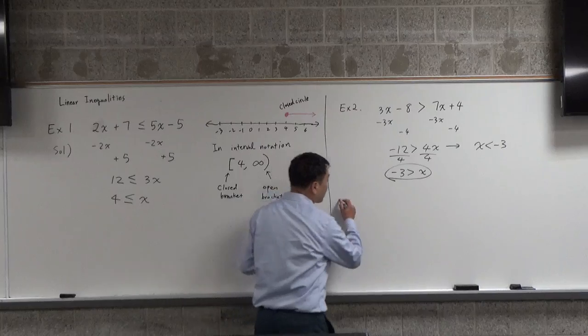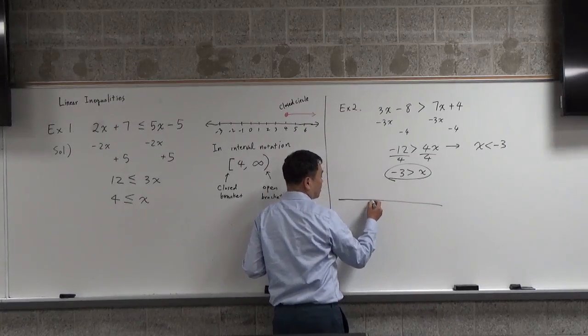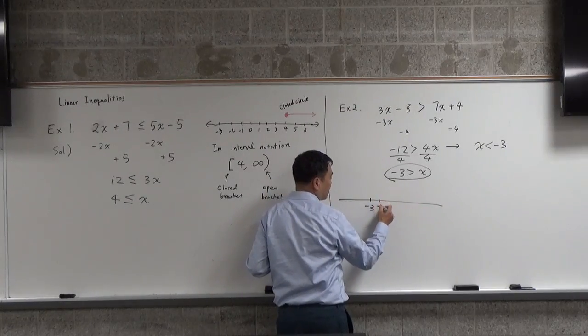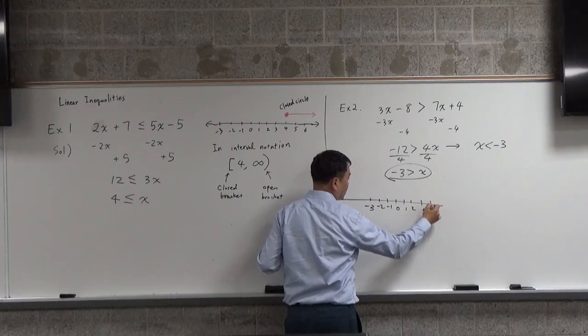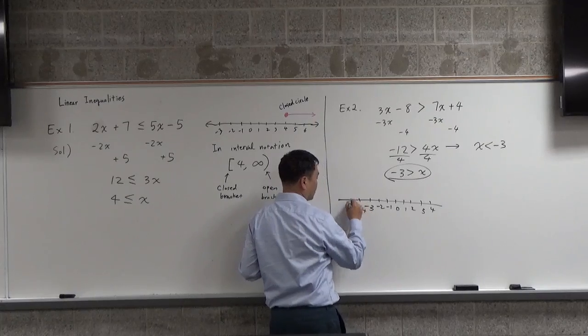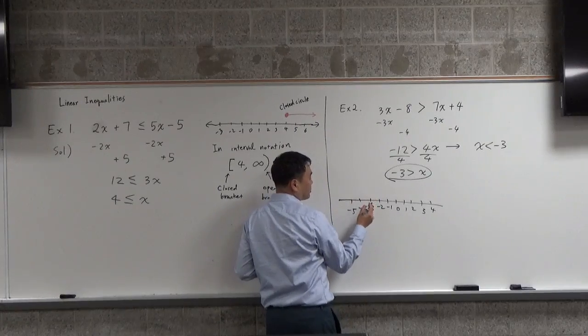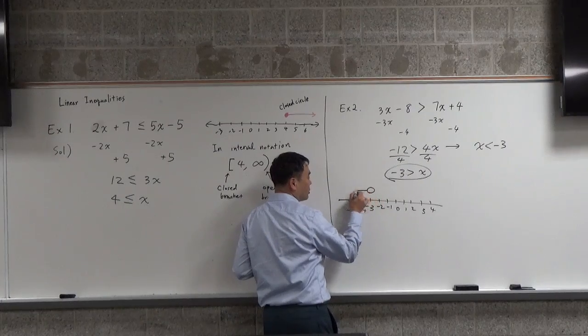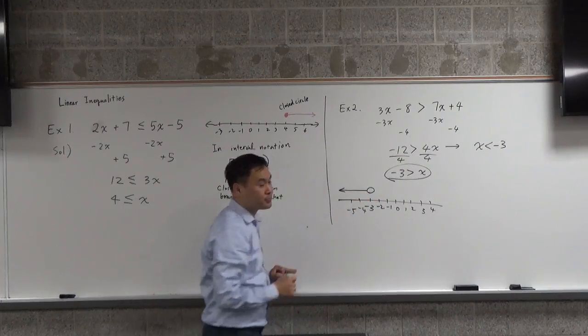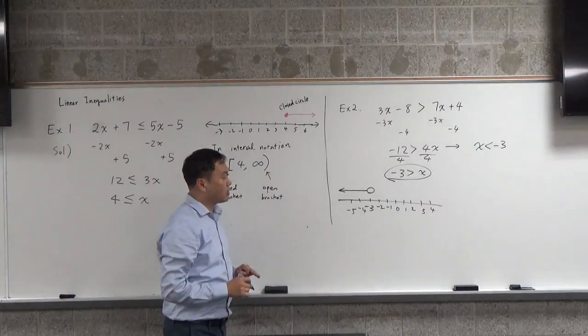And in terms of the picture, here's negative 3. And since negative 3 is not included, you use an open circle, and you go this way. Okay.